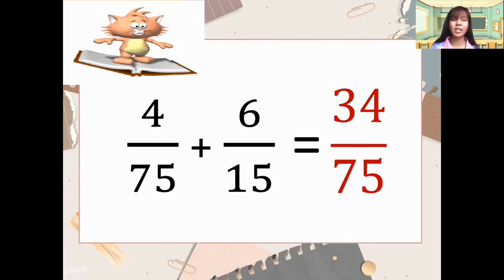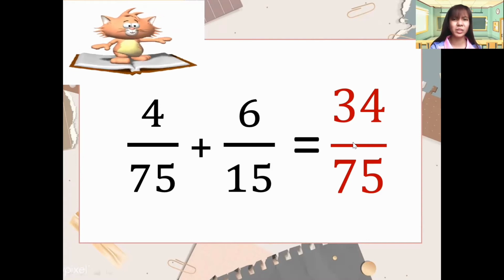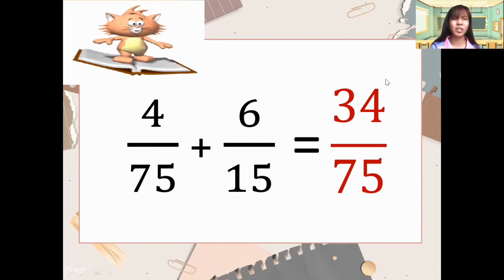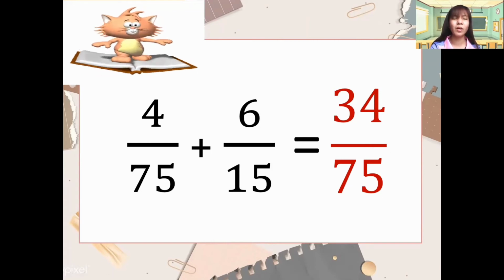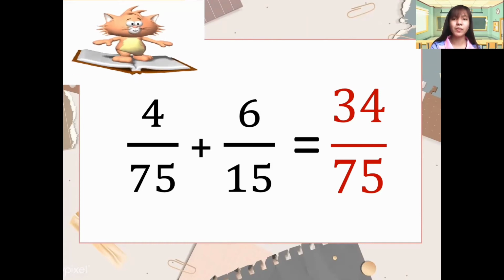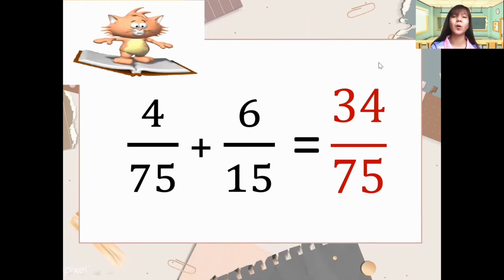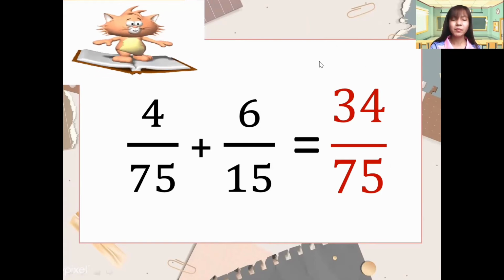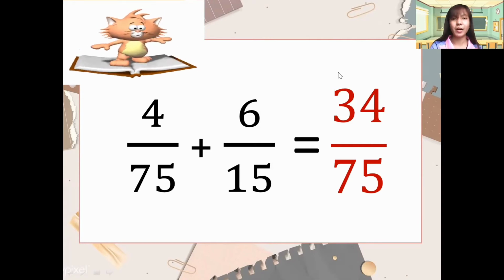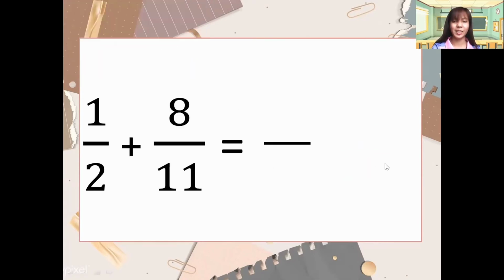No, they don't have any common factor. This one is divisible by 2 and not this one. 75 is divisible by 5 but not 34. So there is no other number that divides both 34 and 75. So we can no longer simplify our answer. So this is now the final answer.